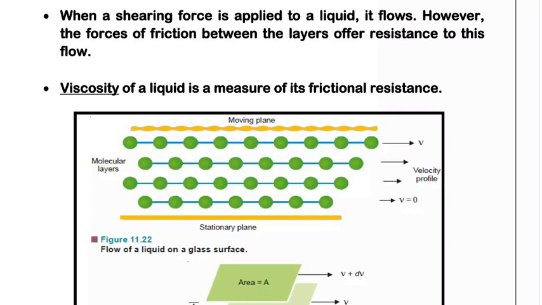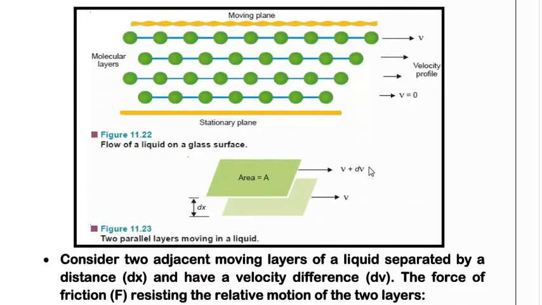Next pictorial diagram, which is more clear to you, you can see. Consider this area and this area. This layer has velocity V, and this layer has velocity V plus dV. So this is your dx. So two parallel layers moving in a liquid. This is very important, to understand the meaning of V here.